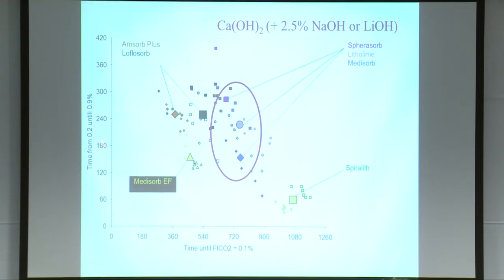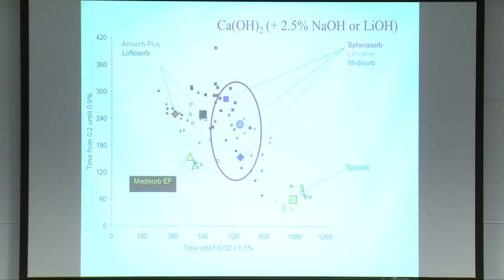The rate of rise, once it starts to rise, is different between 3 products. You can see that here. For example, this one here, 720 minutes. But once it starts to exhaust, it's going to exhaust a bit faster than this one. Also look at the spread here, for example, the Medisorb canister, 6 canisters here, lot 1, 6 canisters here, the second lot. So there's actually more spread than with this product here, for example.